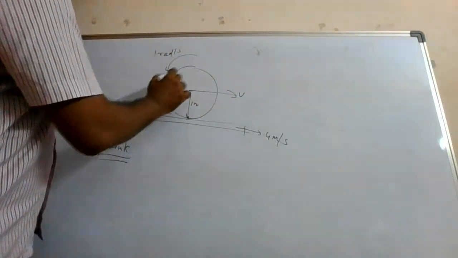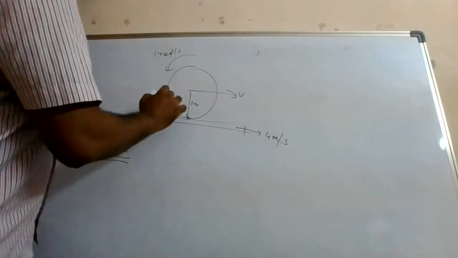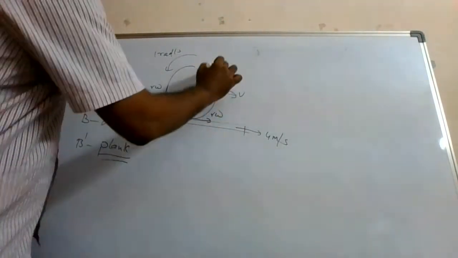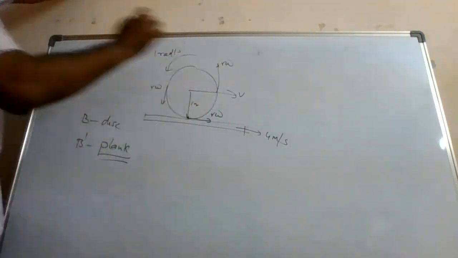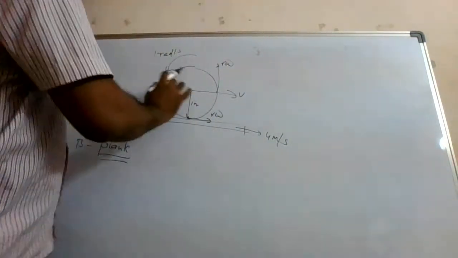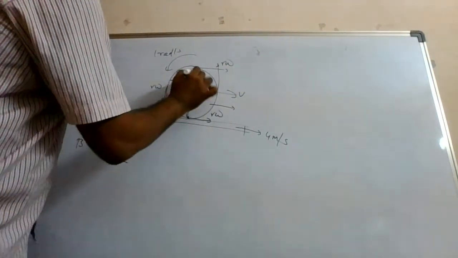Because it is experiencing omega in this fashion, r omega will be like this, here r omega like this, here r omega like this. I am drawing the rotation part, but in translation, every point will be experiencing v.